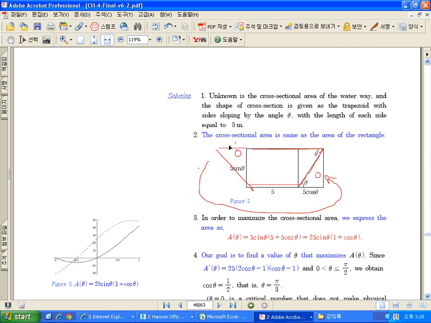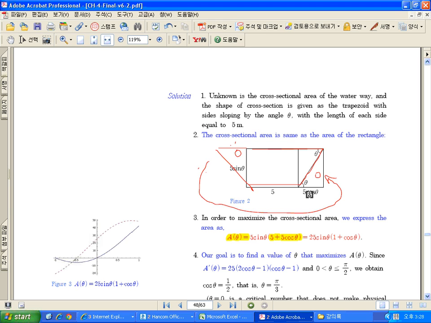We start to write down the conditions. First, the base was 5 meters, and this is 5. What is the area of this rectangle, which is the same as the area of the waterway at a certain point? It should be base times height. What is the base? The base is 5 plus 5 cosine theta.